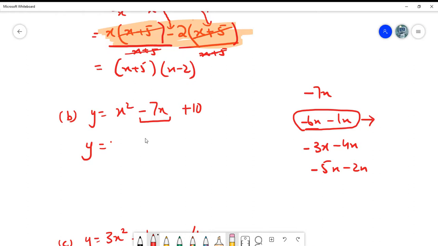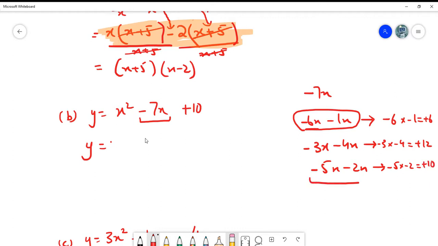So minus 6 and minus 1, if I multiply minus 6 with minus 1, I'll end up with plus 6 because negative into negative is positive and 6 times 1 is 6. Similarly, if I multiply minus 3 with negative 4, I'll end up with plus 12. Finally, if I multiply minus 5 with minus 2, I'll end up with positive 10.